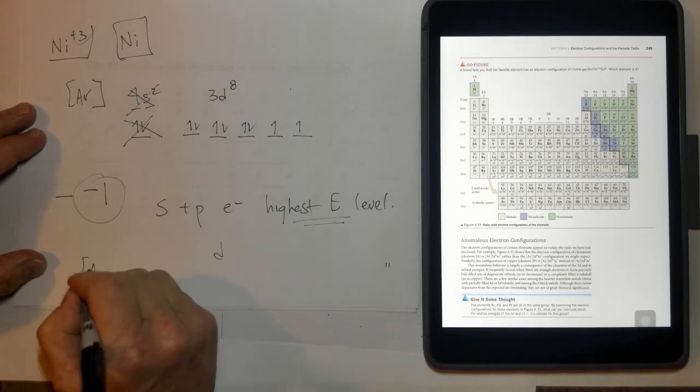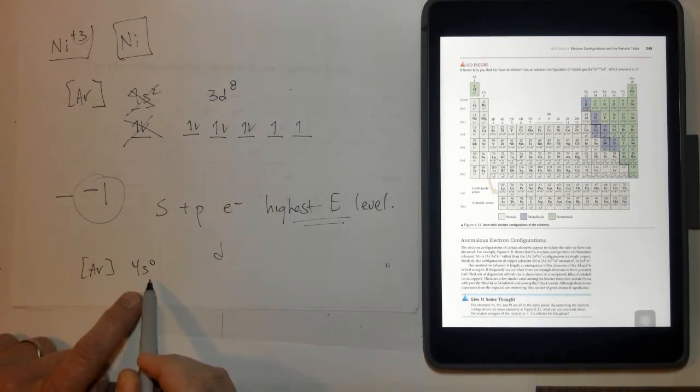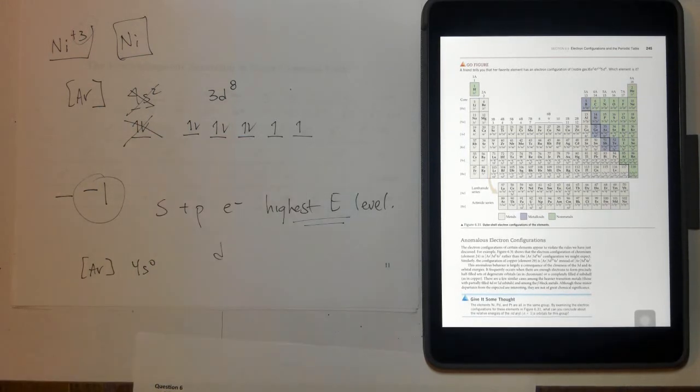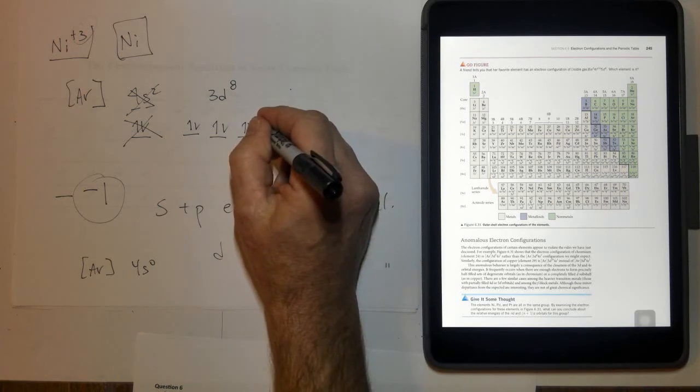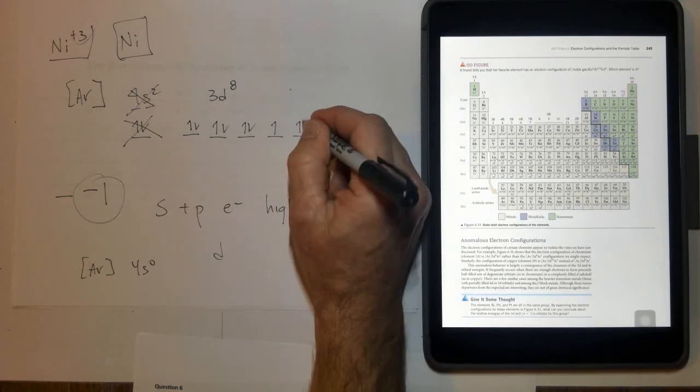And so we'd actually end up with an electron configuration of argon, 4s0. You wouldn't have to write the 0, you wouldn't have to write 4s at all because there'd be none of those. And then we need to get rid of 1 more electron as well. And you'd take 1 electron from one of these paired sets right here. You wouldn't take one that's out here.